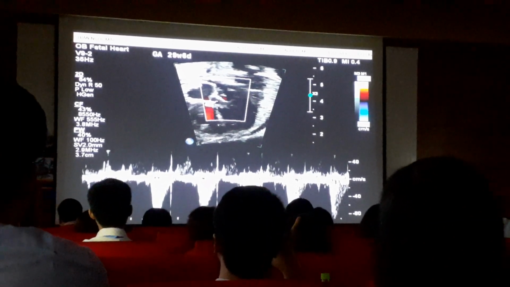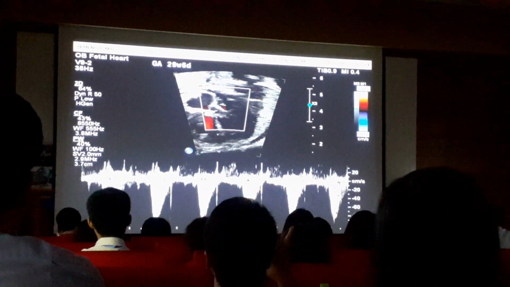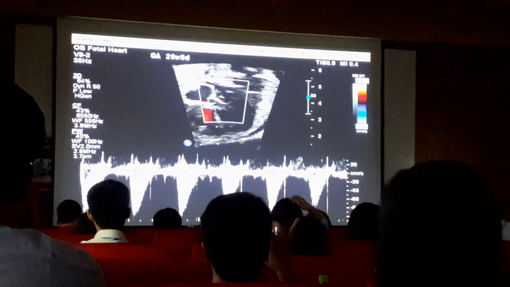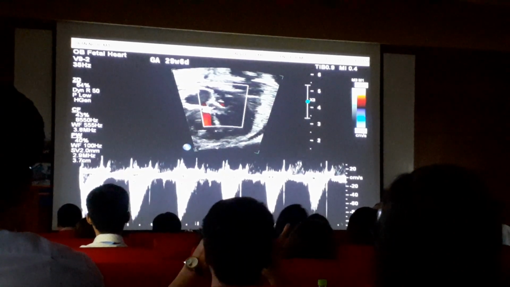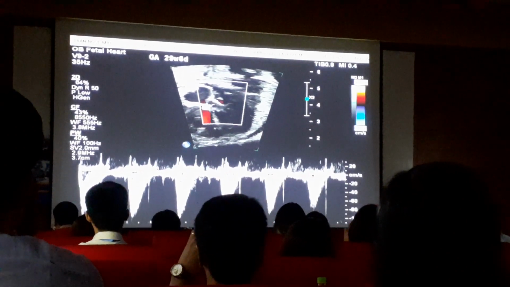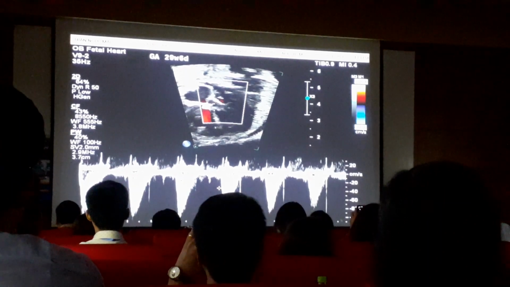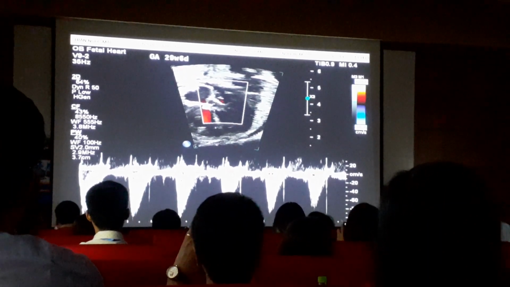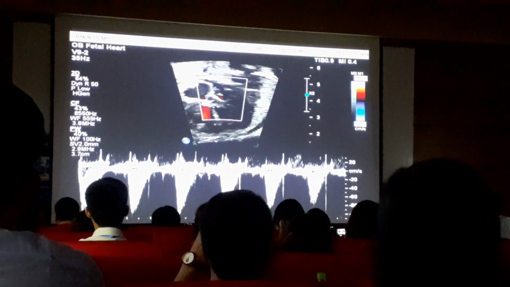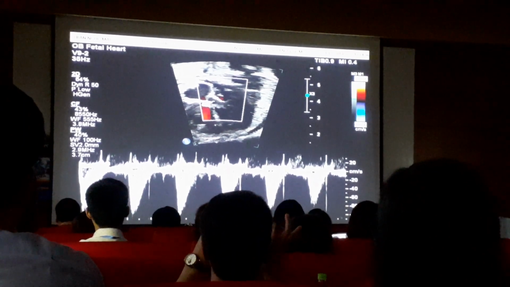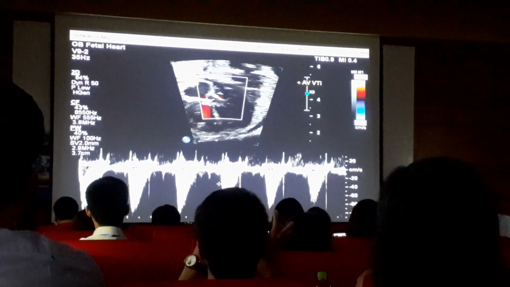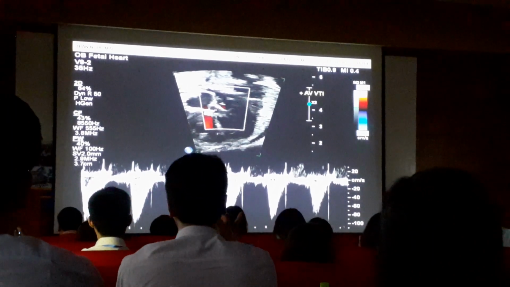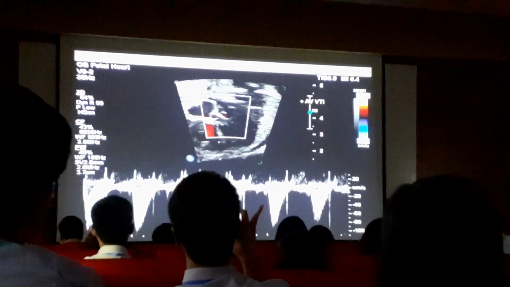So we would do that by measuring the velocity time integral. Oh, it says there's no auto trace for this.